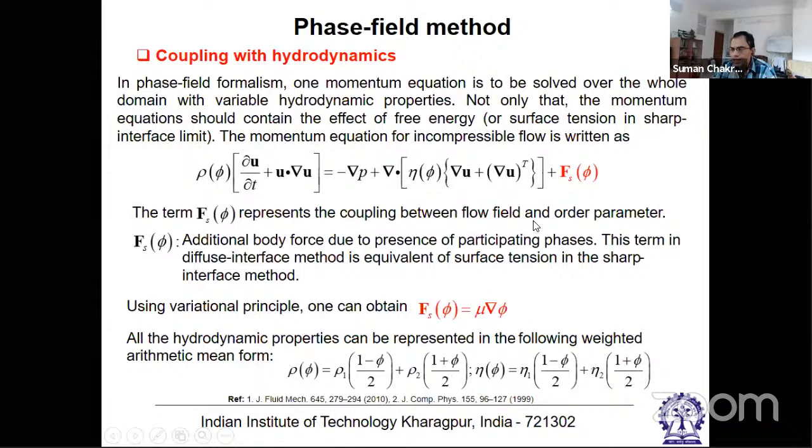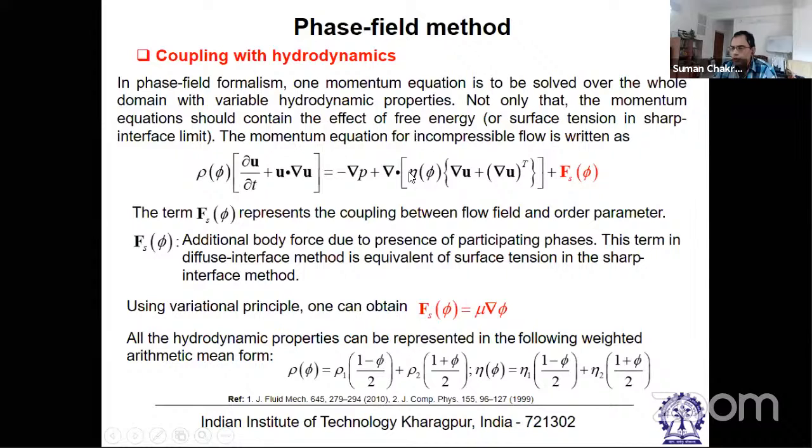And this is also like that. So, mu will contain the parameters related to surface tension. So this is a different approach of incorporating surface tension or other interfacial forces in a Navier-Stokes equation by relating the same with the thermodynamics of the problem, by coupling the phase field model with the Navier-Stokes equation.